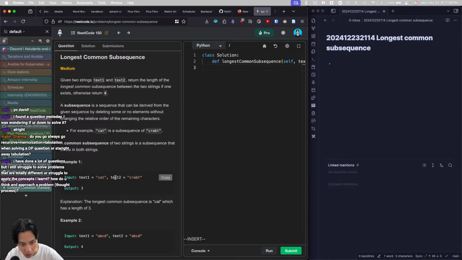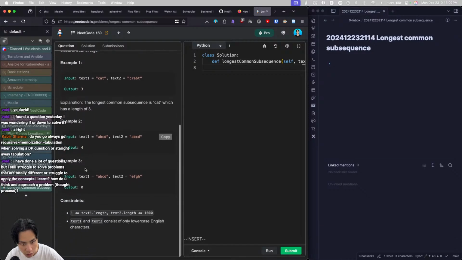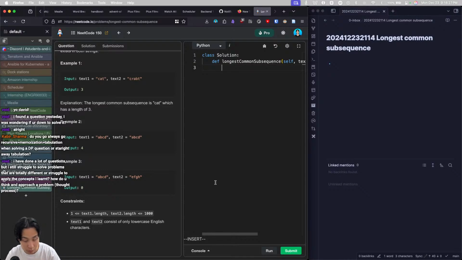So if you have text1 cat, text2 crowd, the output is 3, the length. The longest common subsequence is cat, which has a length of 3. ABCD, ABCD output is 4. ABCD, EFGH is 0. Constraints: only lowercase English characters, text1 and text2 length from 1 to less than 1000. Cool.